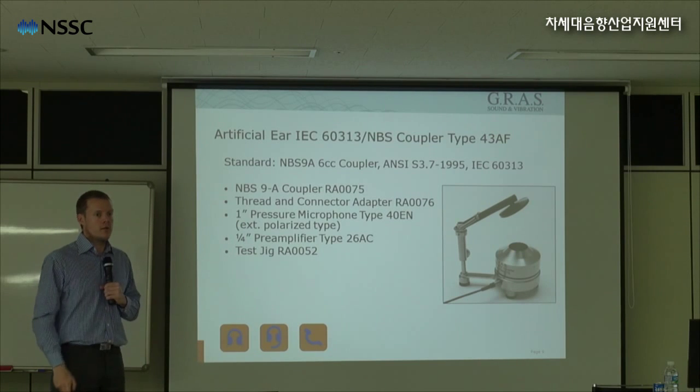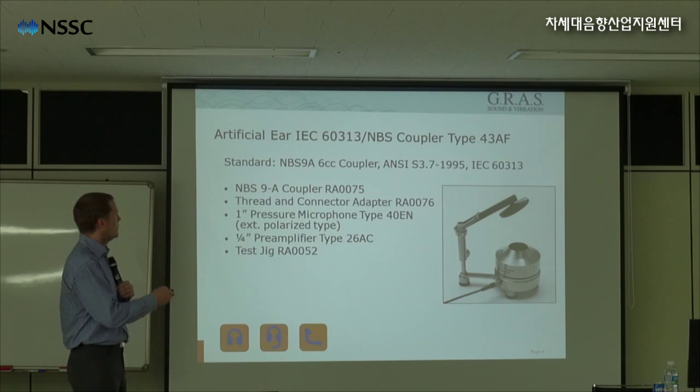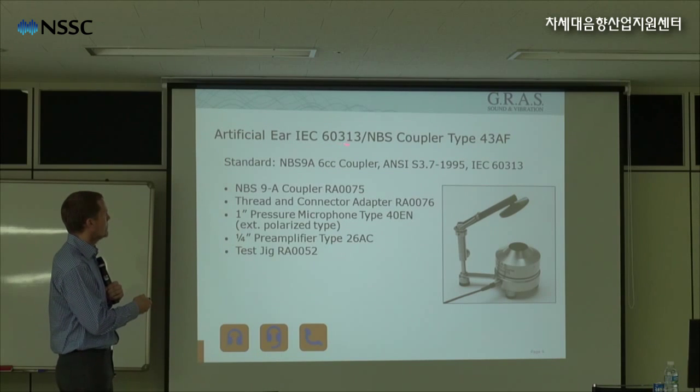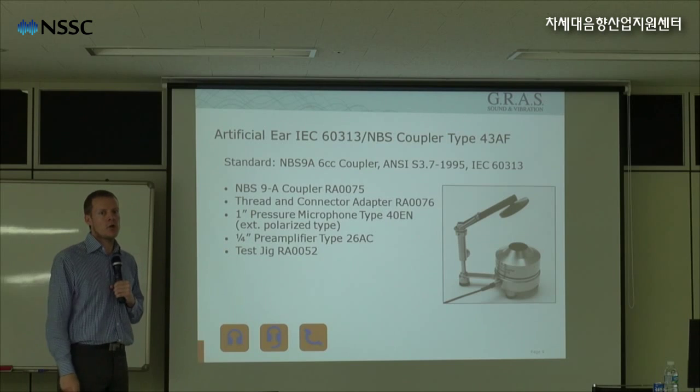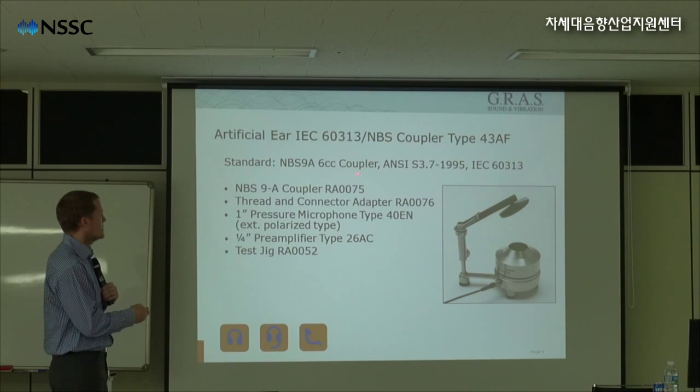Here we see a more historical product. It's the 6313 NBS coupler, built a long time ago. In this setup, it's a 6cc coupler and not a 2cc coupler, and it's testing according to the NBS 9A standard for 6cc couplers.